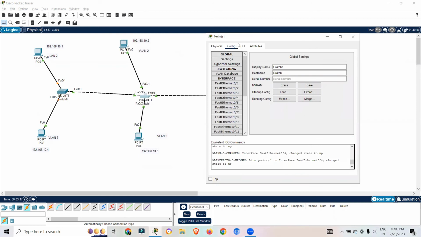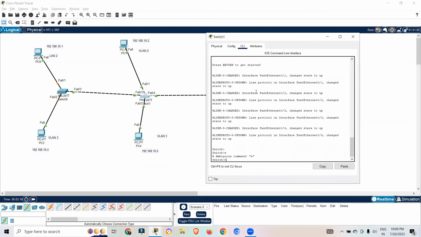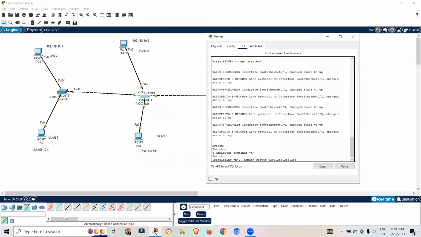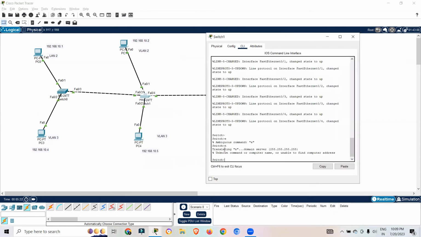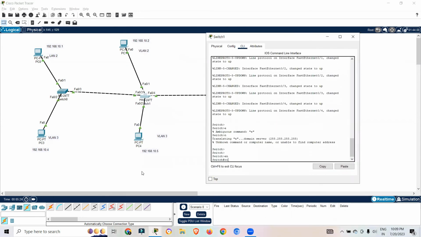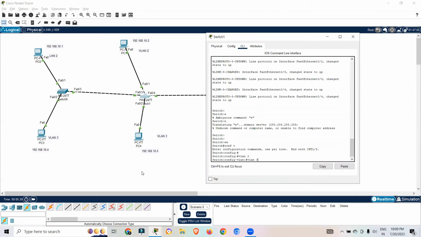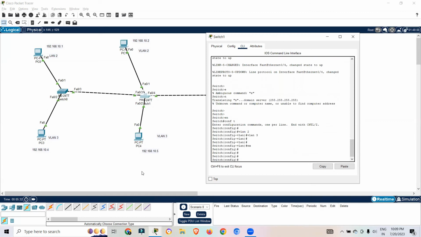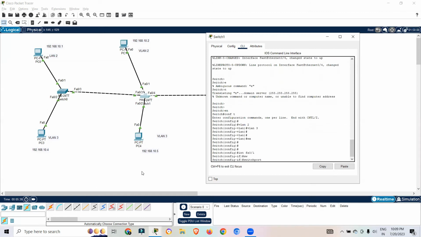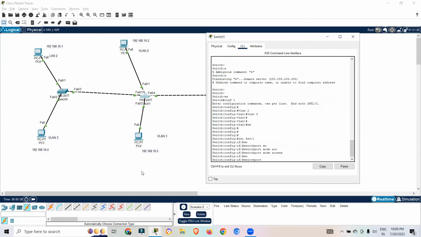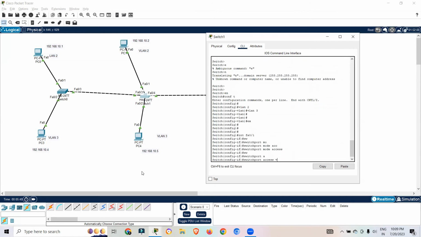Enable, configure terminal, VLAN 2, VLAN 3. Exit, interface FA0/1, switchport mode access, switchport access VLAN.